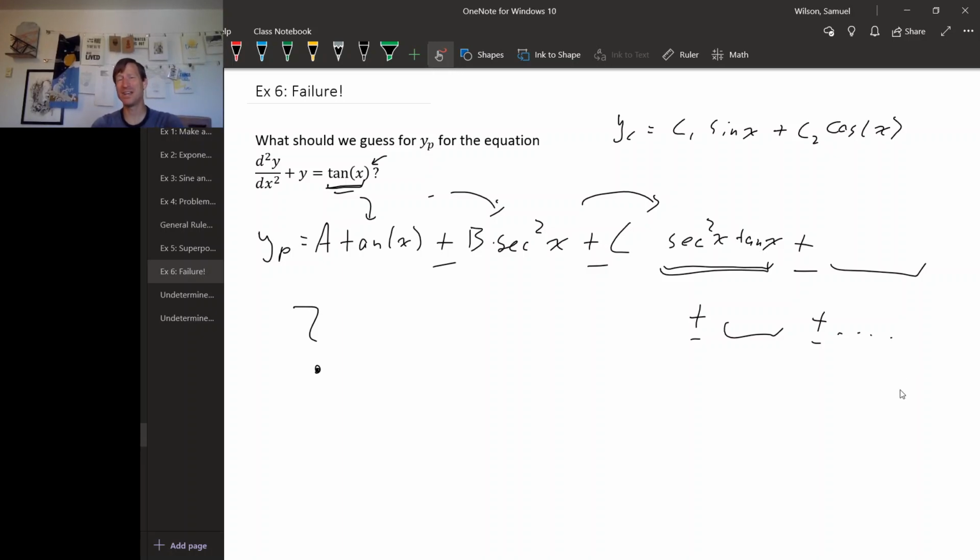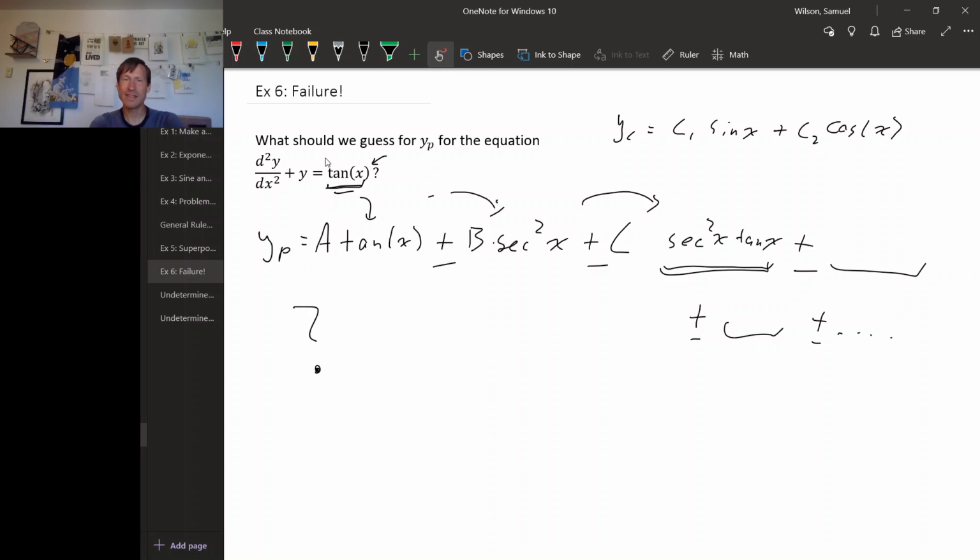Even if you could take all the derivatives here and set up the system of linear equations to find the undetermined coefficients, you'd have an infinitely large system of linear equations to find the unknown coefficients. So this isn't going to work out.